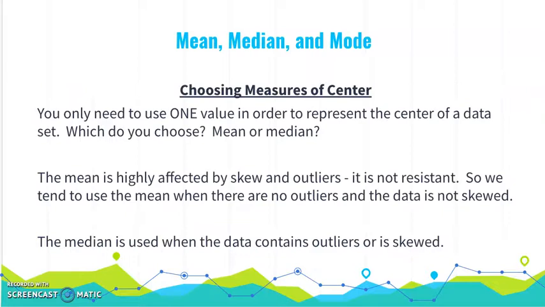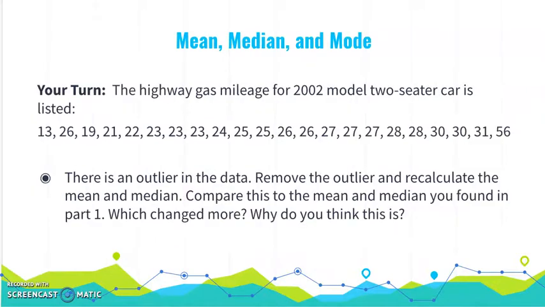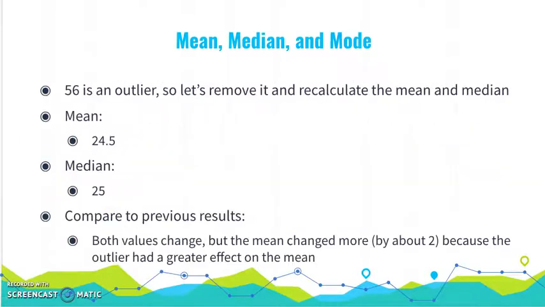Now, if you actually look at the data closely, you'll notice that there's an outlier. And our outlier of 56 should be removed so we can get a better idea of what's actually happening to my data. Calculate the mean and median without the 56 and try to see what it tells me about my shape now.